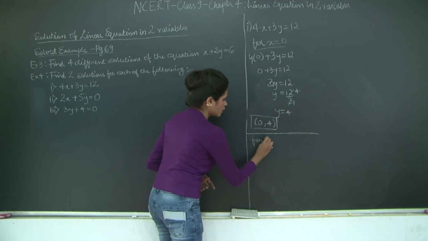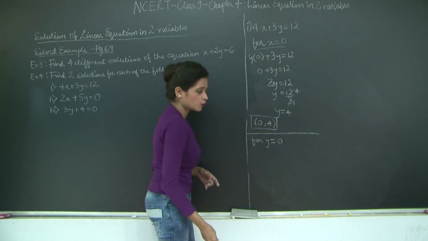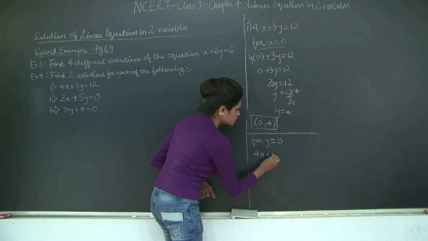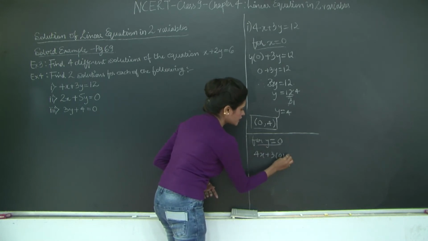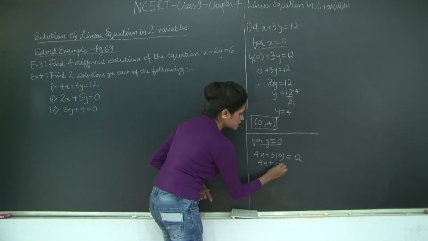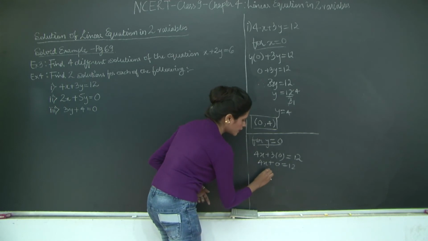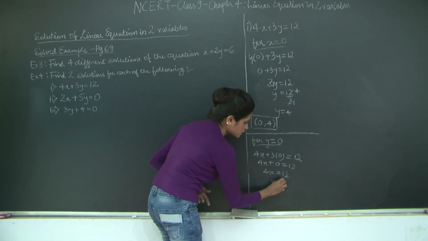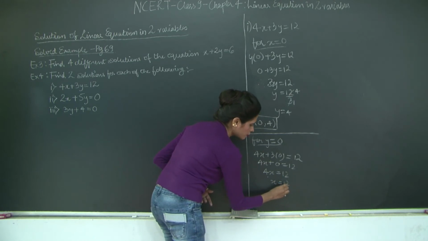For y is equal to 0, what do I get? 4x plus 3 into 0 is equal to 12. So 4x plus 0 is equal to 12. Therefore 4x is equal to 12. Therefore x is equal to 12 upon 4.